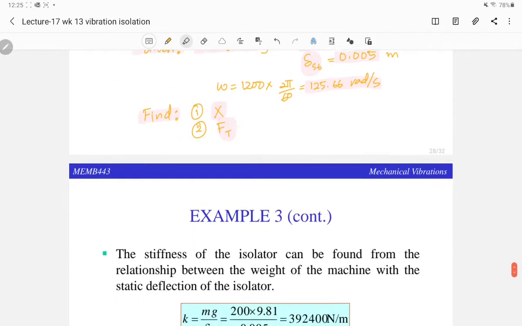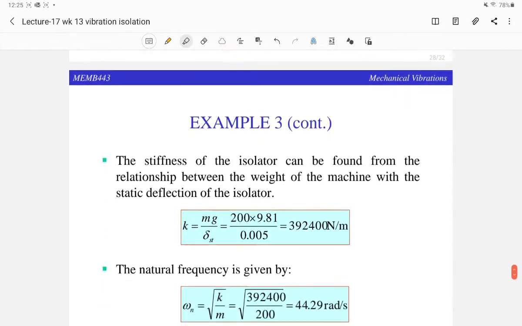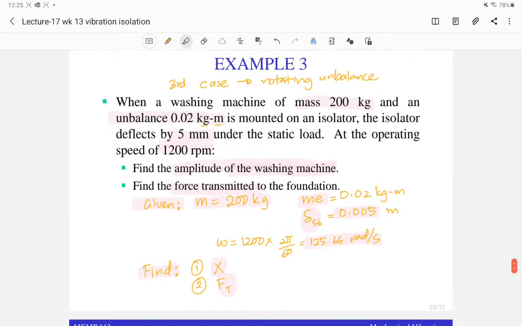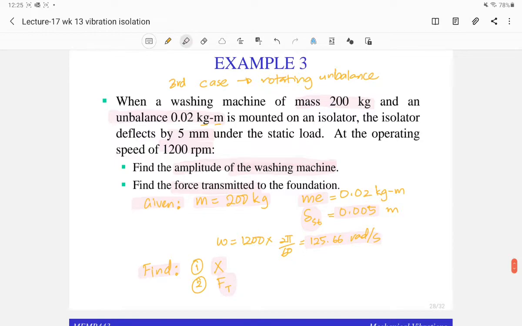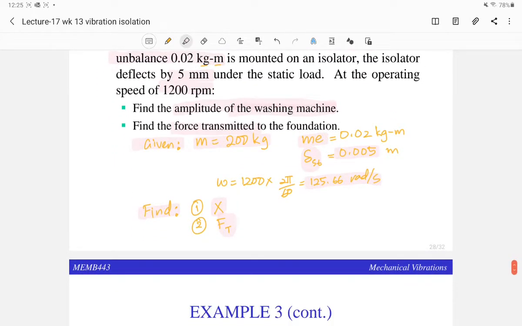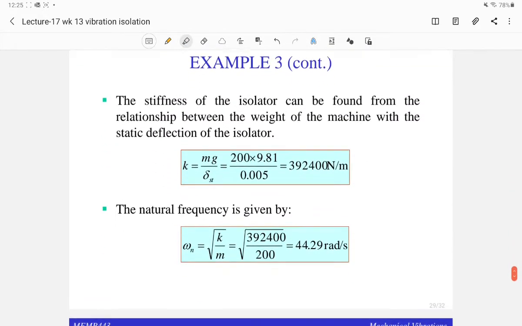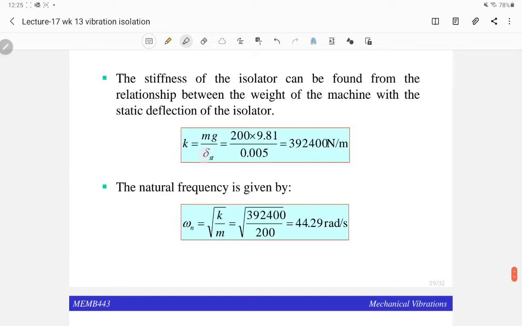So remember here we have this case. You do not have K, isn't it? For your isolator, you are given the isolator's static deflection. So automatically you know normally the static deflection refers to the stiffness of your isolator.